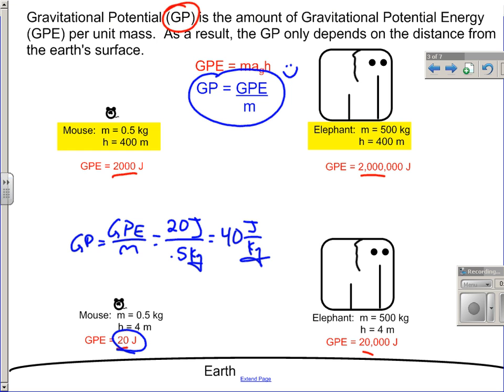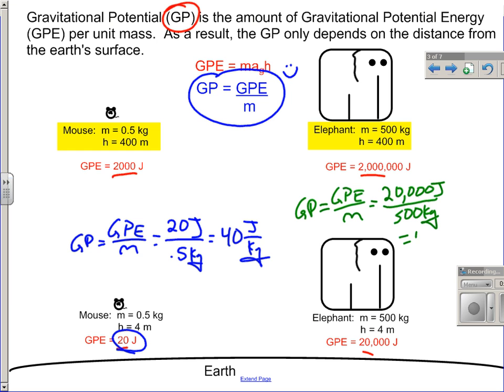Now, let's do the same thing over here for the elephant. I'm going to switch to green for no real reason. For the elephant, if we find his gravitational potential, we're going to take his GPE and divide it by his mass. Remember, the elephant had 1,000 times as much energy, but he also has 1,000 times as much mass.